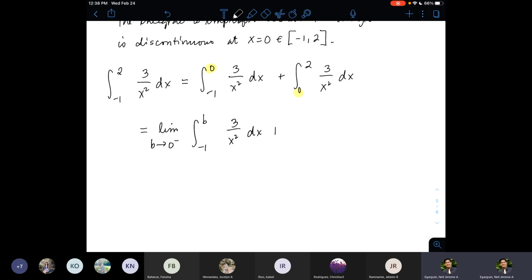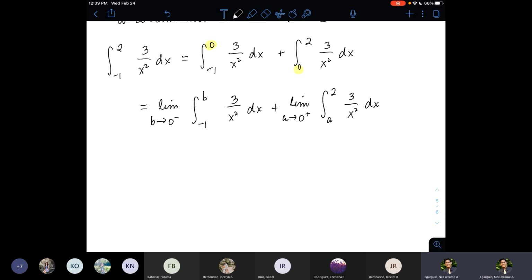Plus, here we have the limit of the integral from, say, a to 2 of 3 over x squared dx as a approaches 0, but this time coming from the right. Because here we are living on the closed interval 0 to 2, and the only way we can approach 0 is coming from the right. Okay? And unfortunately here we had two integrals to deal with, and there's no way to do it but to compute them separately. Okay?